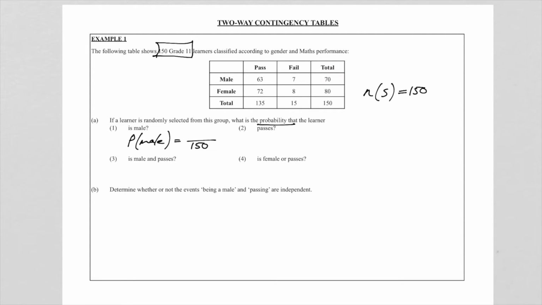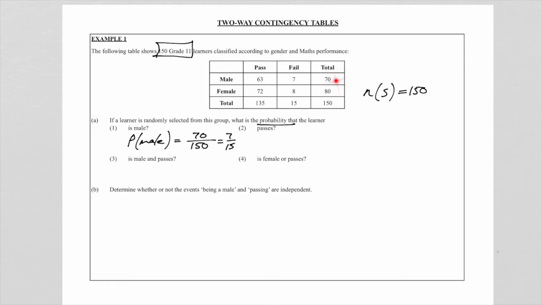So it will be 70 over 150. If we simplify, you get 7 over 15. And that is the probability that if a learner is selected, that learner will be male. We do not take pass and fail into consideration because it's only about male or female, in this case the males.